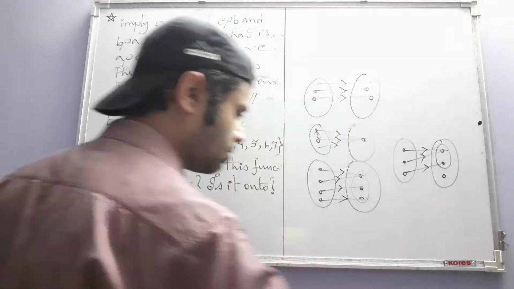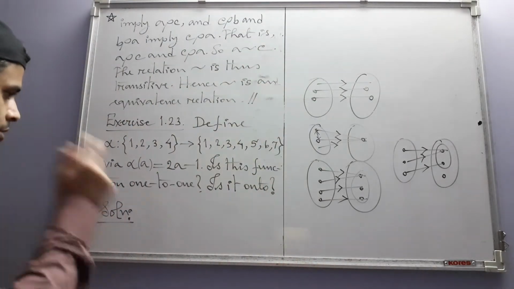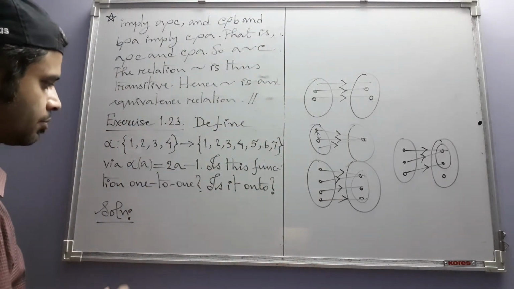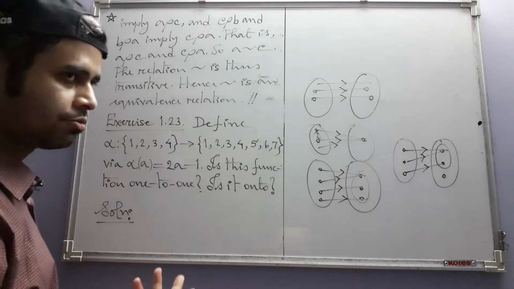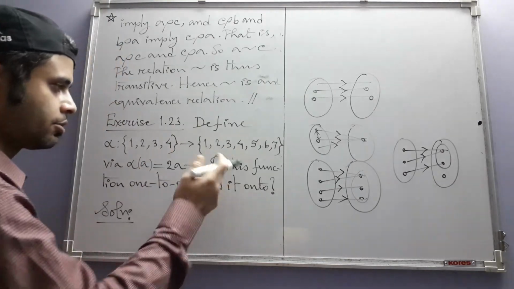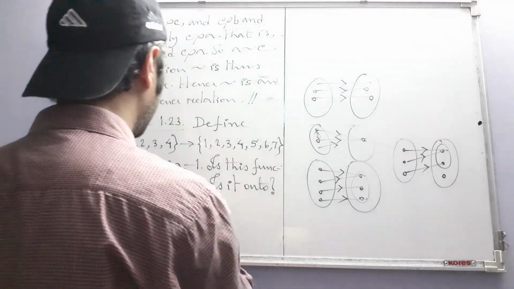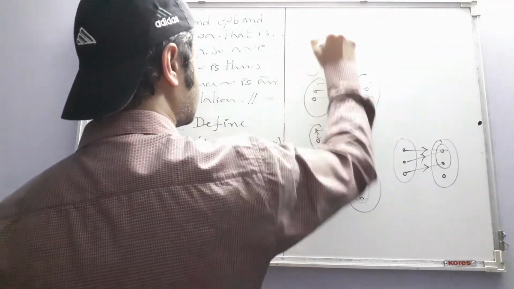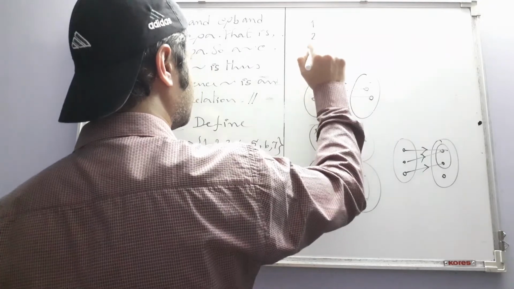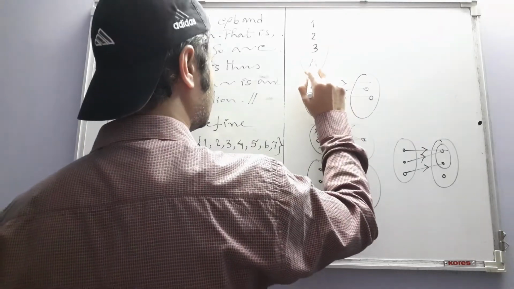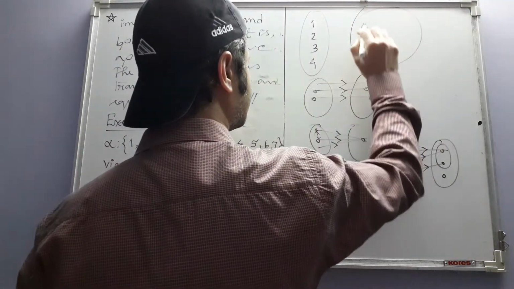Okay, so now what about this function? Because there are only a few elements in the domain and also only a few elements in the codomain, you can calculate the images. 1, 2, 3, 4.